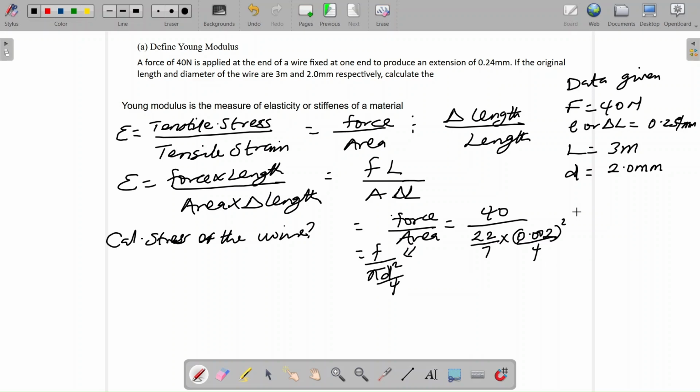So this is what you have, and from there, what is our answer again? What is the answer that we had before? So the answer was 40.